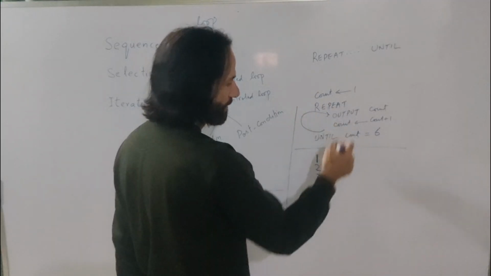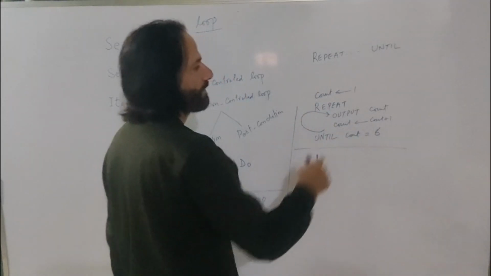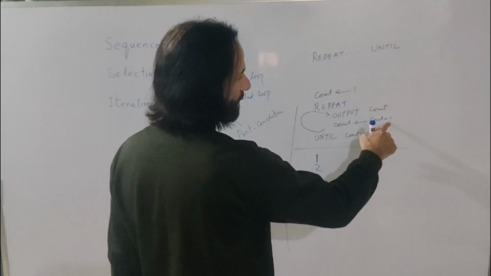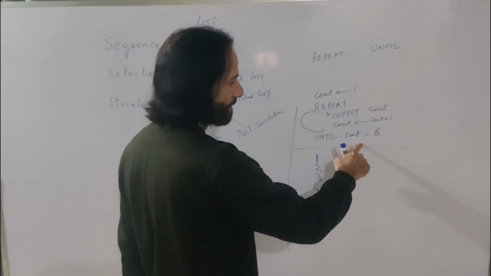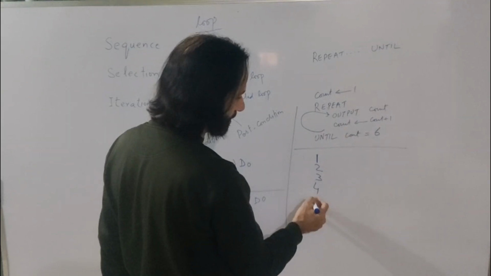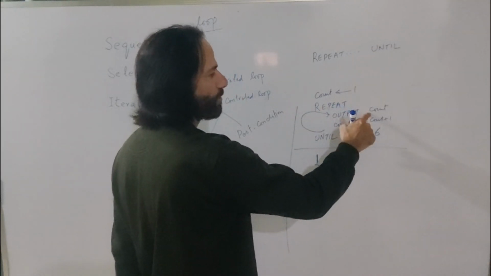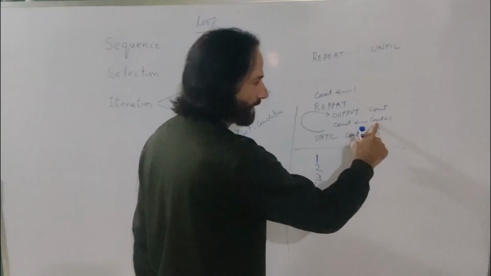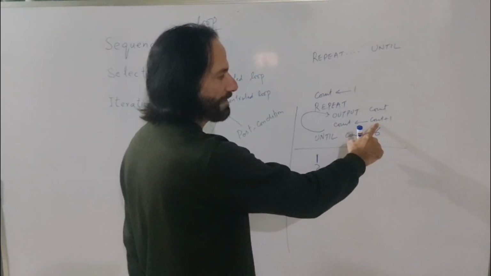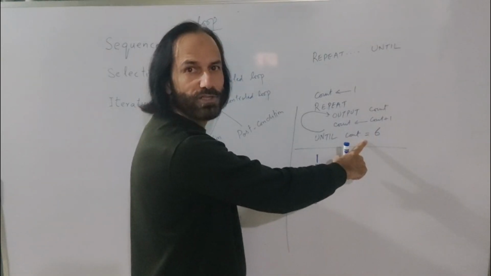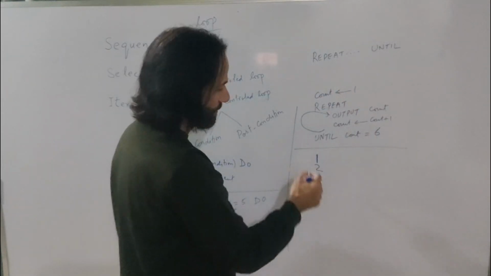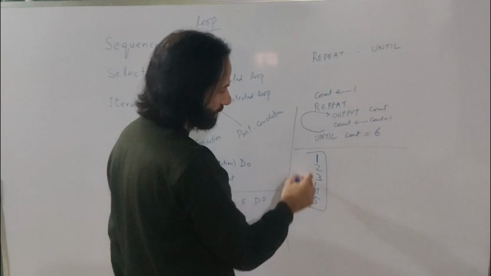It will go back and output 4. After outputting 4, the count will become 5. Still the condition is not true. It will go back and output 5. Now after outputting 5, when it increments, the count will become 6. Now the condition is true. This loop will break. So it will output 1, 2, 3, 4, 5.